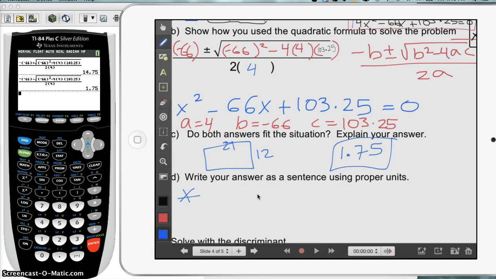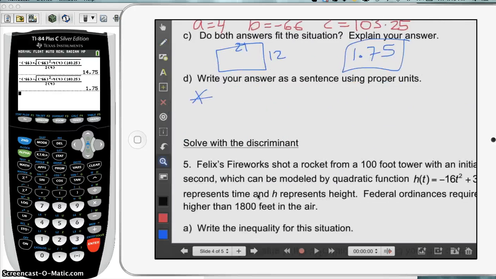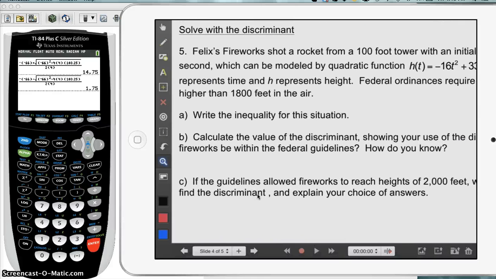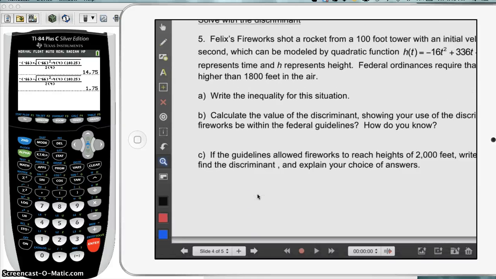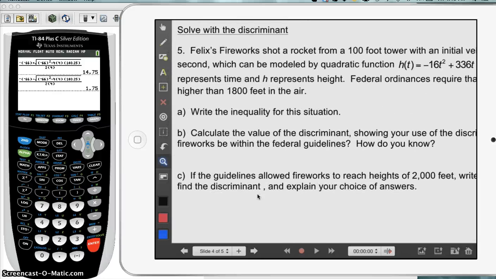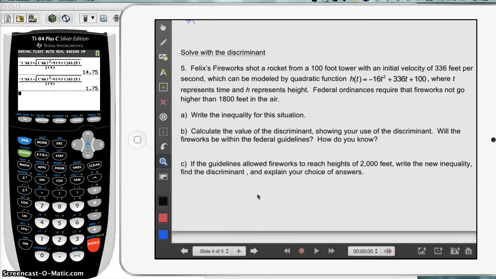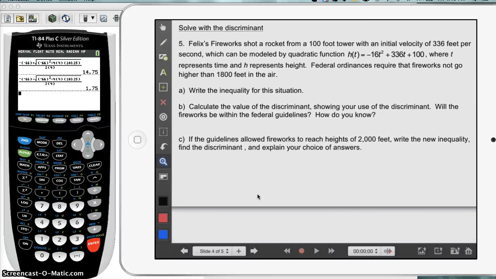Now let's move on to number 5, and this problem is going to be about solving using the discriminant. So let's read the problem. So we have fireworks going on, and they shot a rocket using this formula. So go ahead, read the problem using this formula.